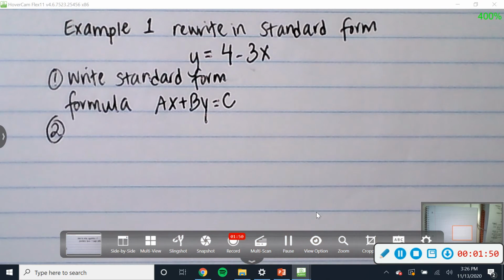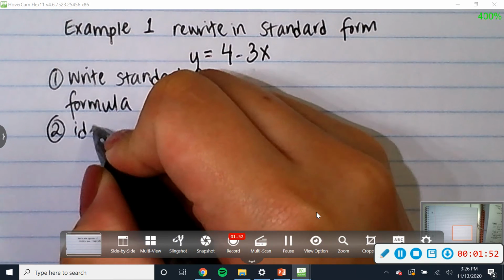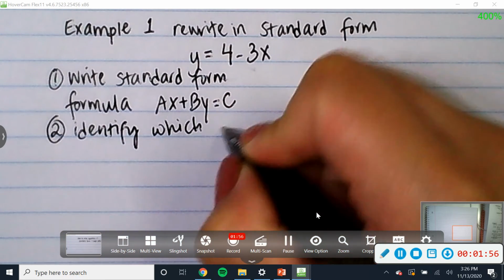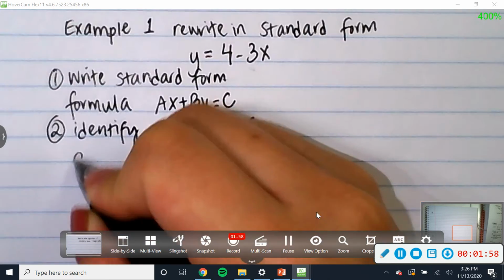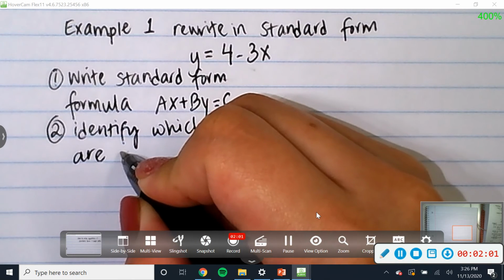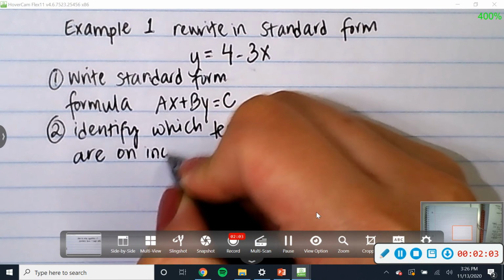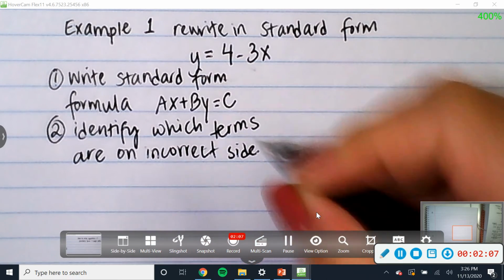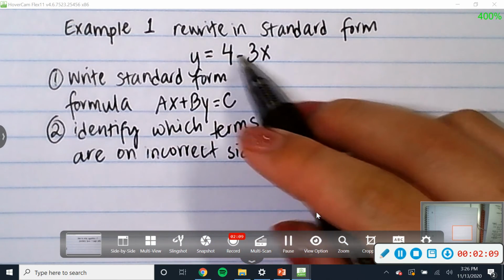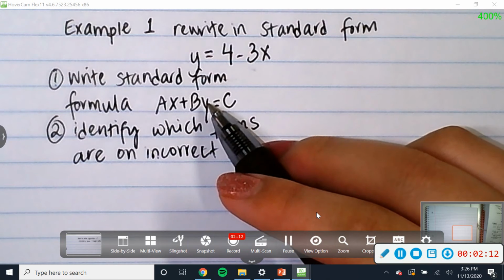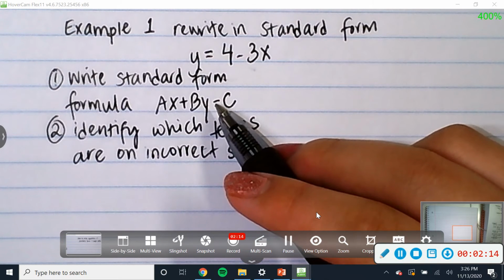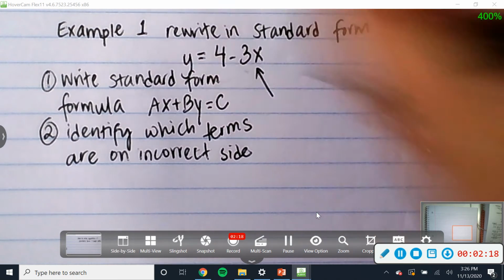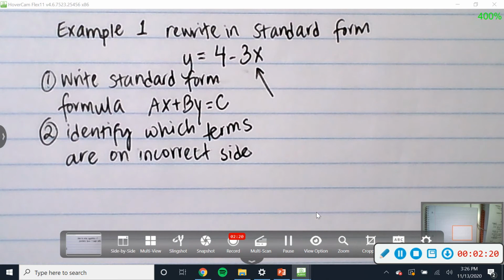Once you've written that down, you need to identify which terms are on the incorrect side, or the wrong side. So if I look at this y equals 4 minus 3x and I compare it to what standard form is supposed to look like, I can see here that this minus 3x is on the wrong side.